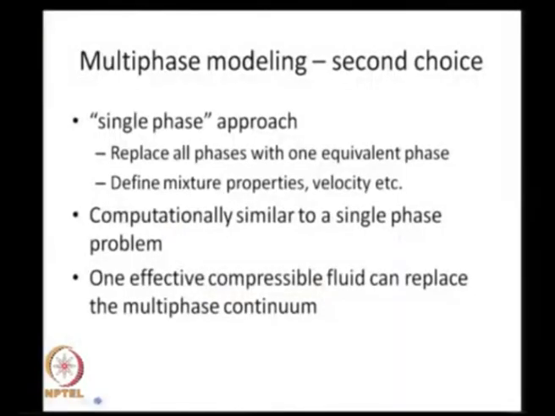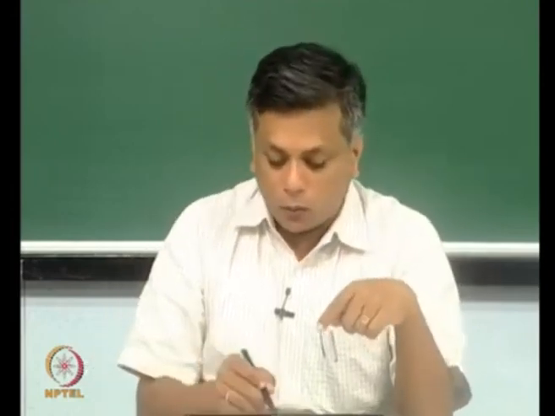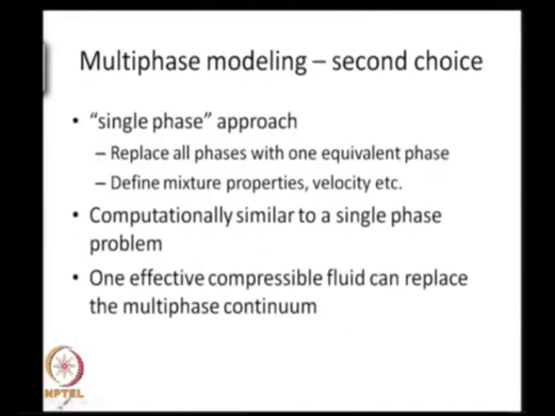So, essentially we are replacing all the phases in the problem, and in this case we are looking at a drop phase and air phase, and replacing the two phases together with one equivalent phase.